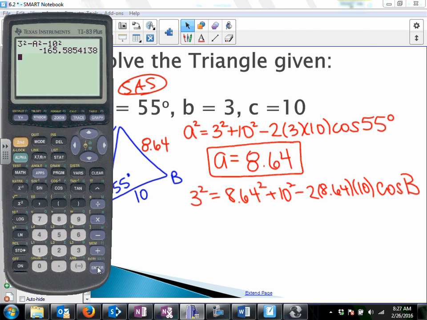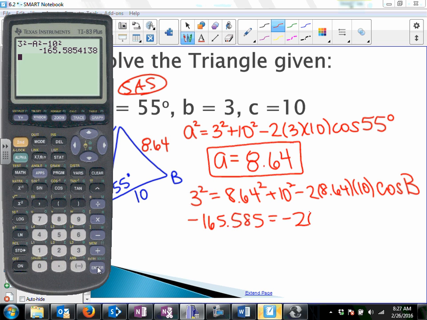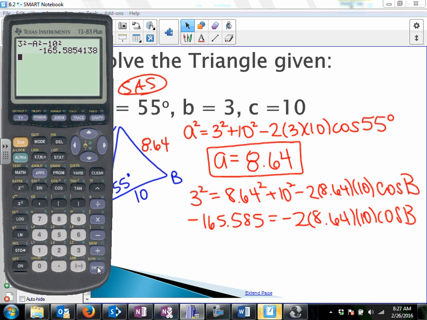So we have negative 165.585 equals negative 2 times 0.864 times 10 times the cosine of B. Right? Do I add that over? No. How do we have to move that over?